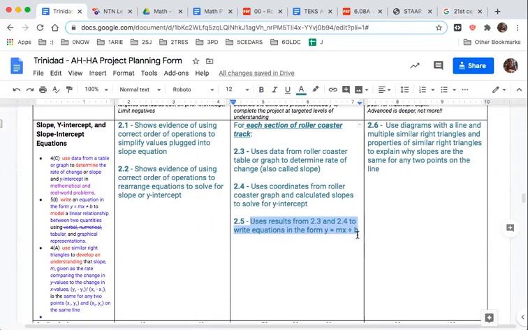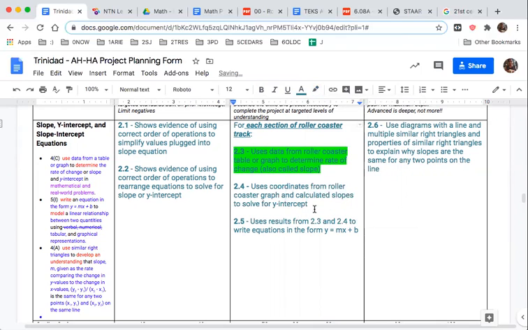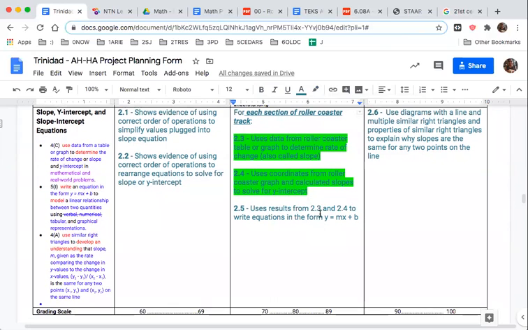The reason why I like to have these separate is so that when I'm giving feedback, or if the students are giving feedback to themselves or their peers, they can say something like, you're really great, you're on track here. Your product shows evidence that you can find your slope, and your product shows evidence that you're finding your y-intercepts.